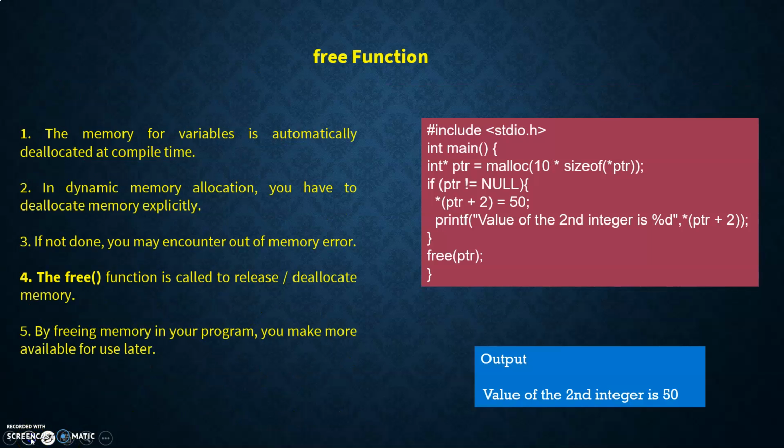The last one is called the free function. Free means your lab is over, all the things are given to the students, and you can say now you can go home. That means this lab will be allocated by the next person. Suppose the first person who is using the lab is C. The second person who is utilizing the same lab will be, suppose, microprocessor.